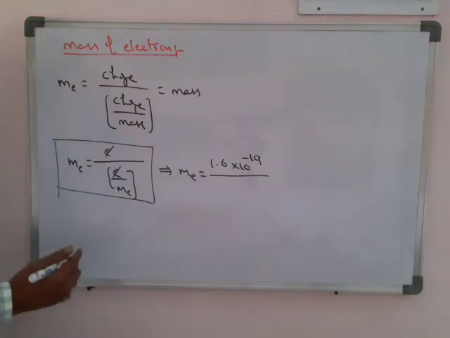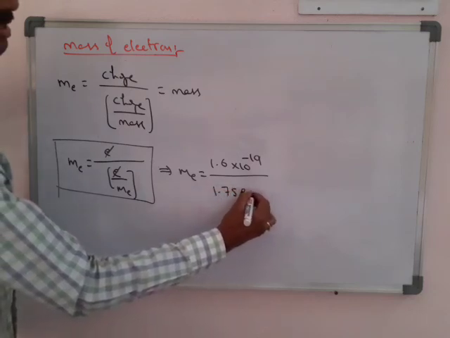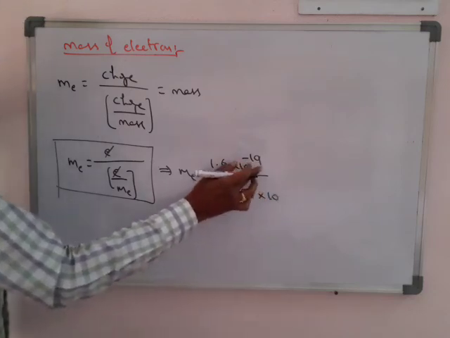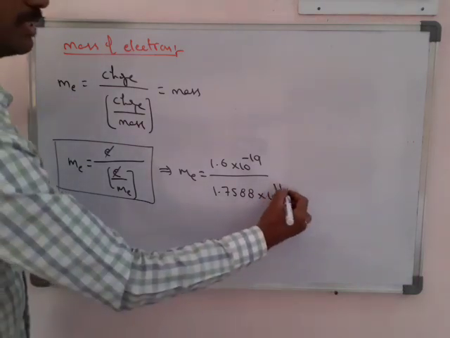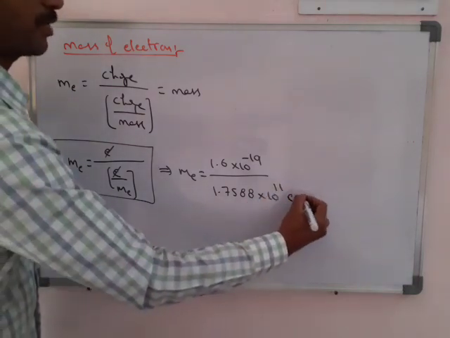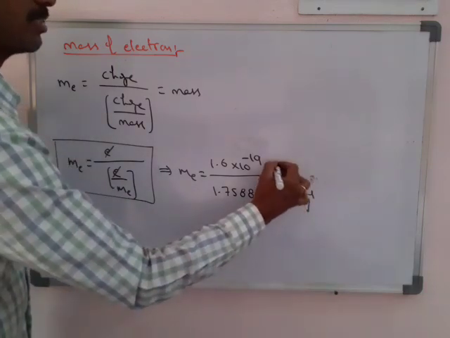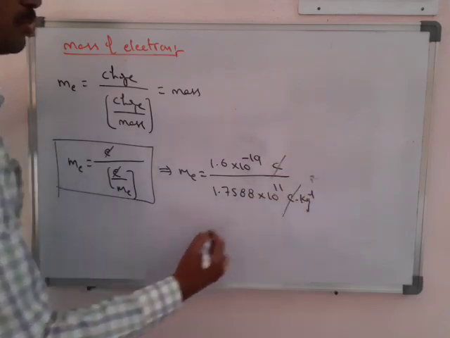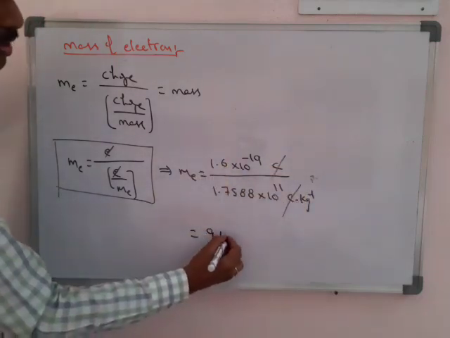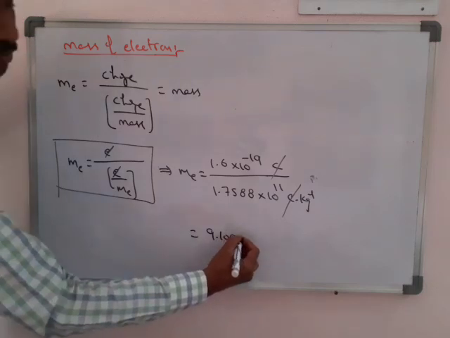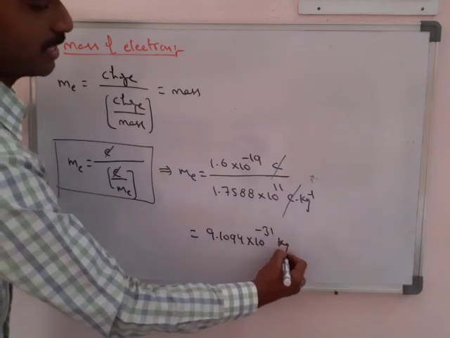What is the charge to mass ratio according to Thomson? Here we are taking it in coulomb per kg. So we get the answer in terms of kgs, as the coulombs get cancelled. On this overall calculation, we will get 9.1094 something into 10 power minus 31 kilograms.